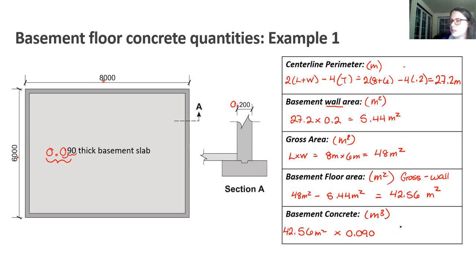Multiplying those two together, we find that we need 3.8 meters cubed. That's just for the floor. So pretty straightforward. We'll do another question.